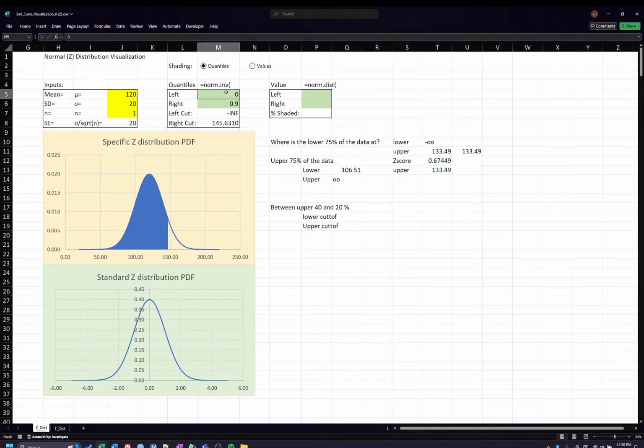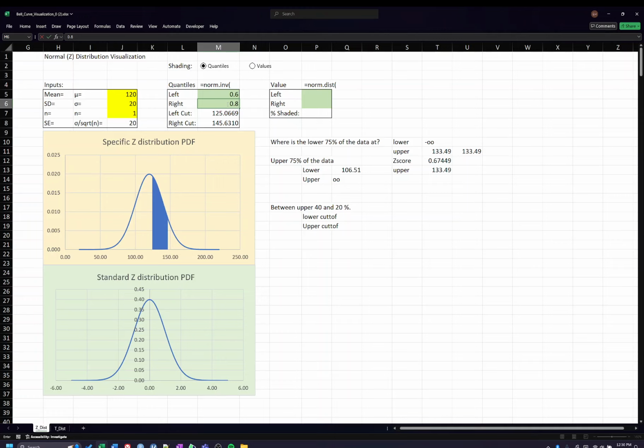So if we want the upper 40%, that's the same as saying the lower 60%. So we're going to put in 0.6. And for the right, we want the upper 20%, so that's going to be 0.8, because remember, quantiles always do things from the left.